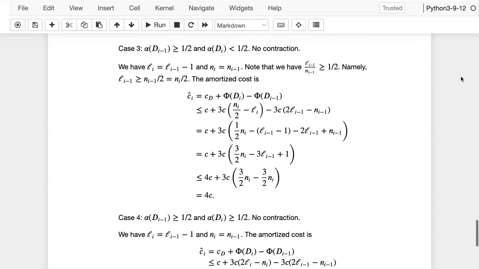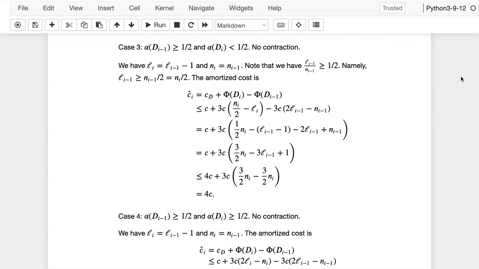So now we are going to look at the next case, which is before deletion, the load factor is at least 1/2, and after the deletion, the load factor becomes less than 1/2, but this is still greater than 1/5. So we're assuming it's a low contraction, and in this case, it's no contraction.